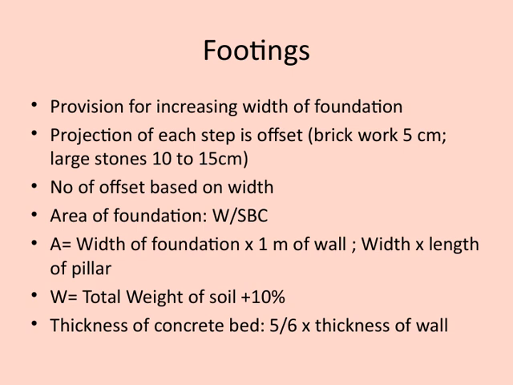In terms of load, W represents the total weight of the soil plus an additional 10% margin to account for safety and unforeseen loads. Lastly, the thickness of the concrete bed should be about 5/6 of the wall's thickness. This ensures a solid, level base for the wall and helps prevent settling or cracking over time. These principles all work together to create a strong, durable footing that supports the entire structure effectively.